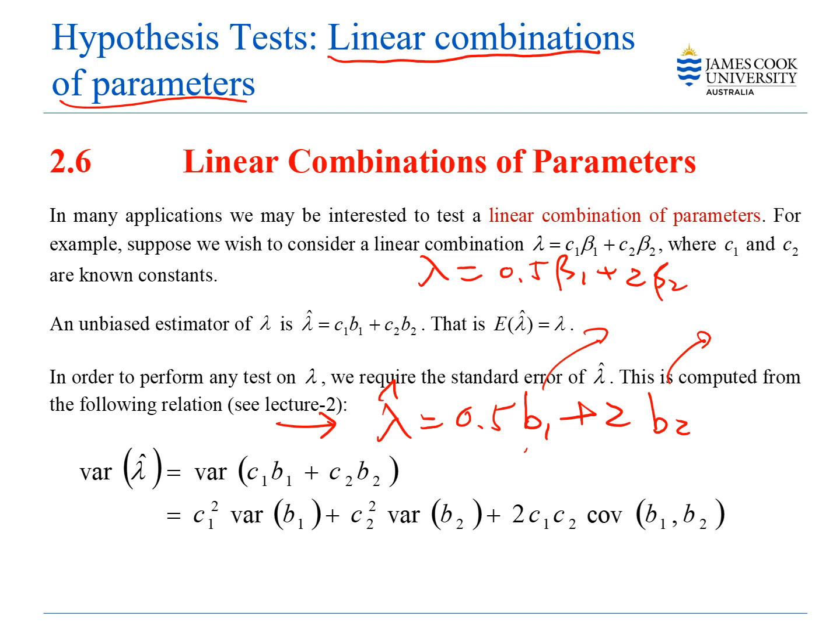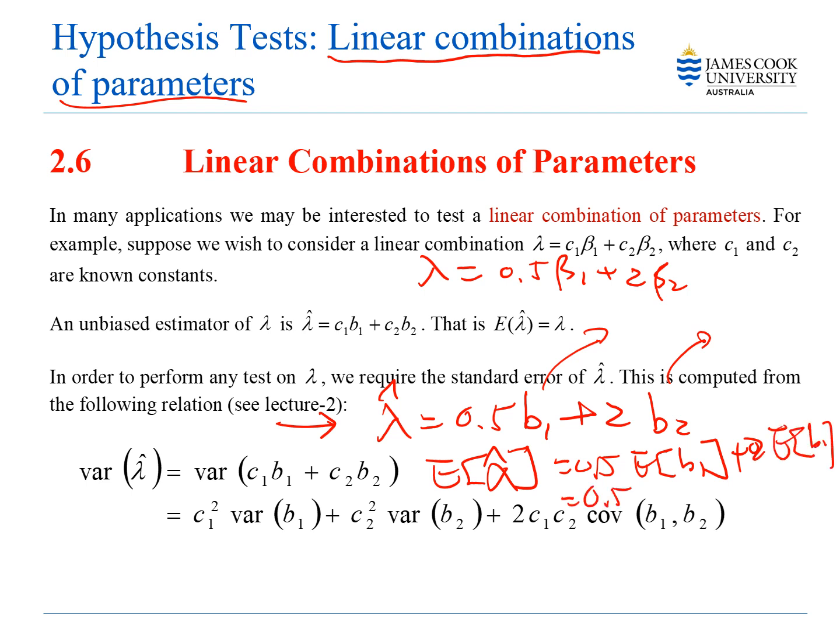The mean of lambda hat is just 0.5 E(B1) plus 2 E(B2), which is 0.5 beta 1 plus 2 beta 2. The mean of B1 is beta 1, and the mean of B2 is beta 2.